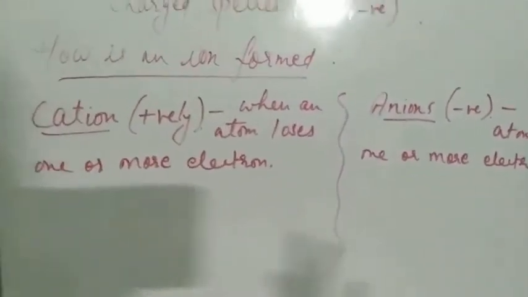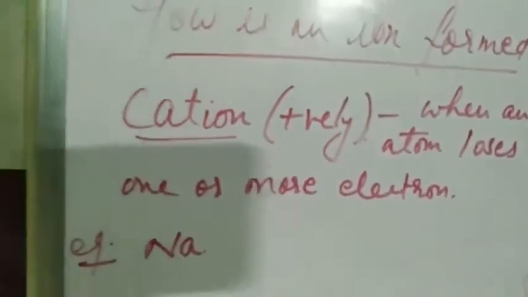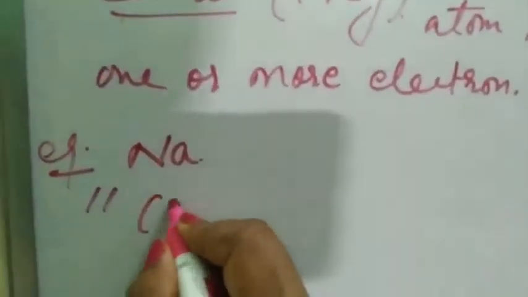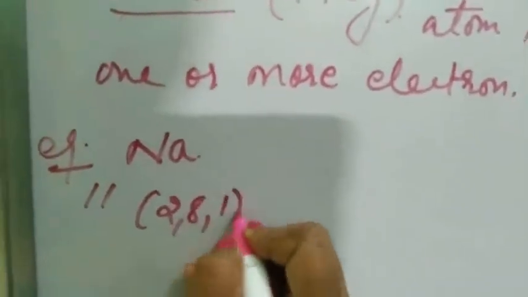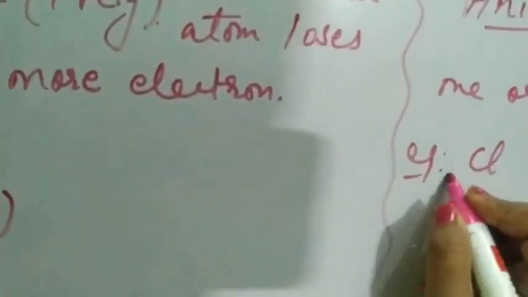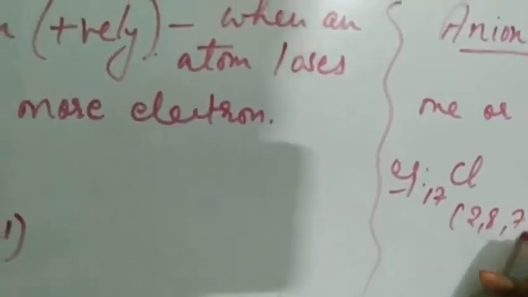So we'll see for example, sodium, whose atomic number is 11, and it has an electronic configuration of 2,8,1. Then here we will see chlorine, whose atomic number is 17 and electronic configuration is 2,8,7.